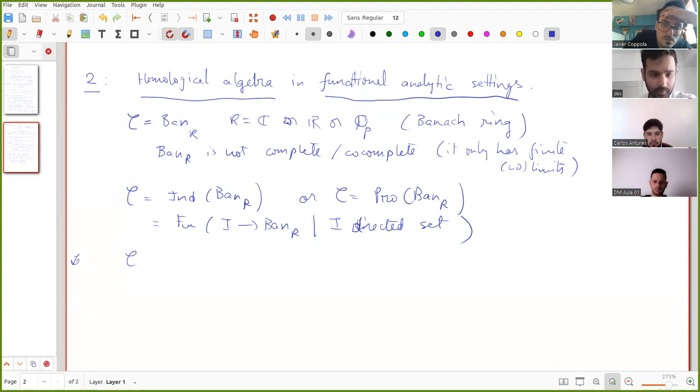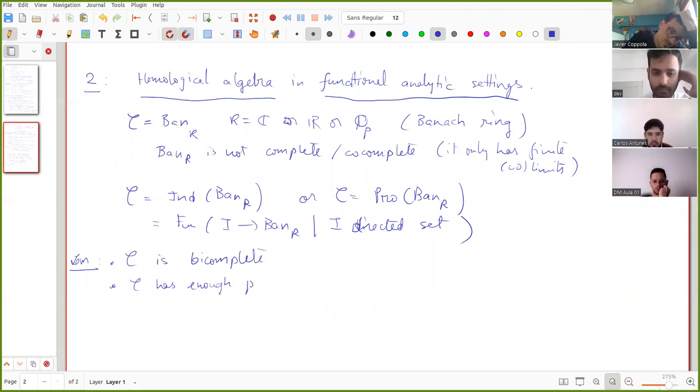So let me state this as a lemma. C is, well, first of all, it has all limits and co-limits, just like projective systems of Banach spaces. So this is bi-complete. Secondly, C has enough "projectives".